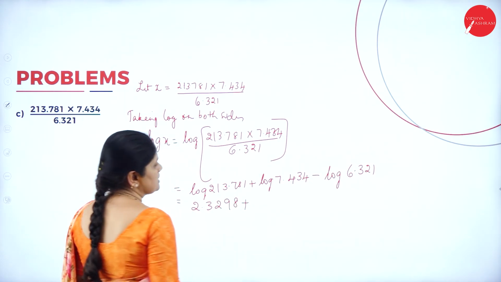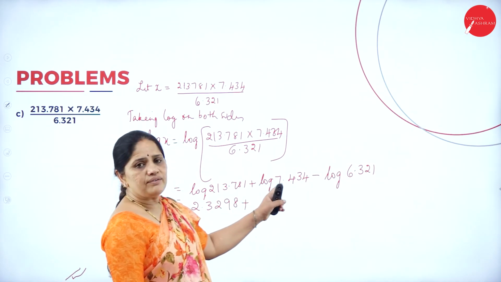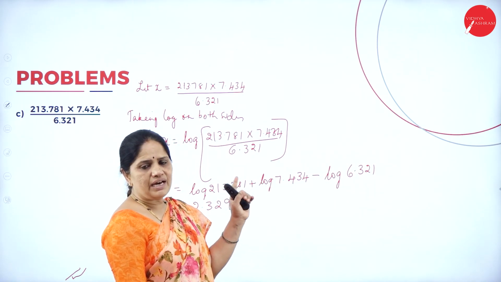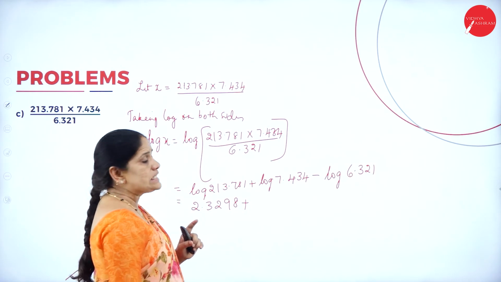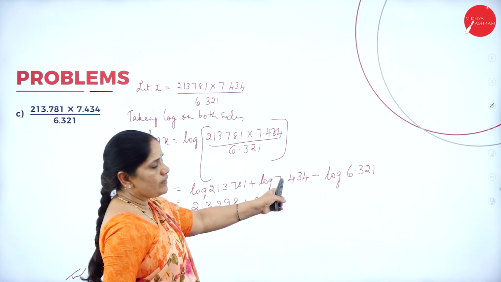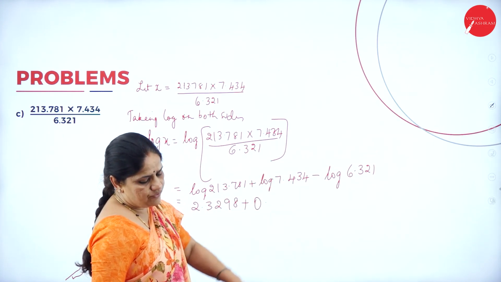Plus log of 7.434. The number of digits to the left is only 1, so 1 minus 1 is 0. So I will write 0. Then I find the log value of 7434.